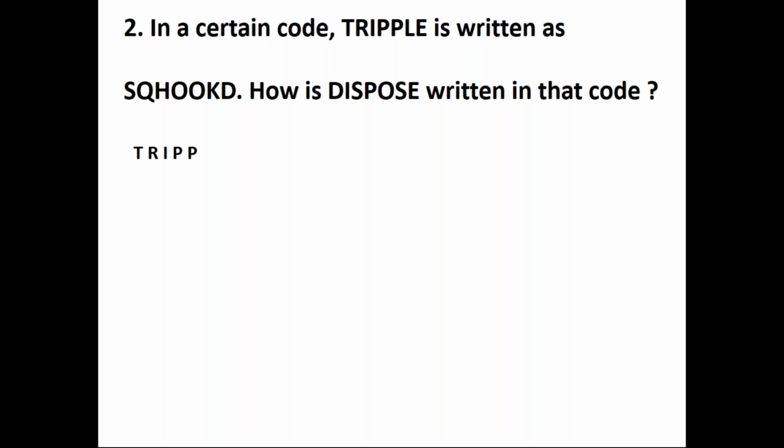So TRIPPLE. The numeric numbers are T20. For first 2 to 3 examples, please note down R18, I9, P16, L12, E5.